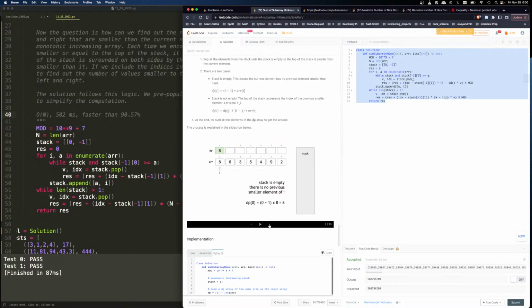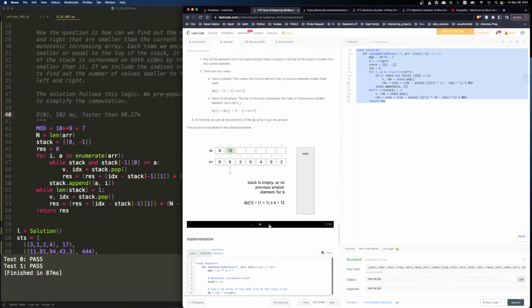Okay. Then 6 comes in. 8 is pushed to the stack. 8 is removed. So no previous smaller element. So 6 is the smallest, so we'll add 6.